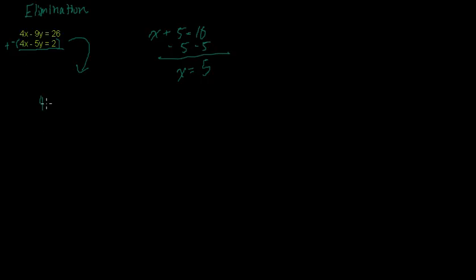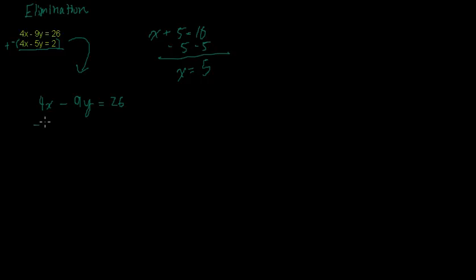We have 4x, this is the top equation, 4x minus 9y equals 26. Now, since we multiplied this bottom equation by negative, whatever is positive now becomes negative, and a negative times a negative becomes positive, whatever is negative becomes a positive.